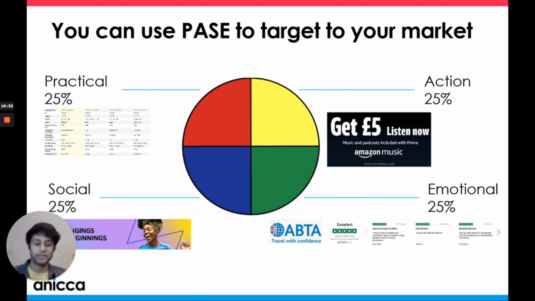Of course, different industries have different percentages, so some industries might be mostly action-orientated people, or mostly practical-orientated people, and that's when you almost change your website visually to appeal to them, but at the same time keeping in mind that there are other people within that market who can get value from your product.